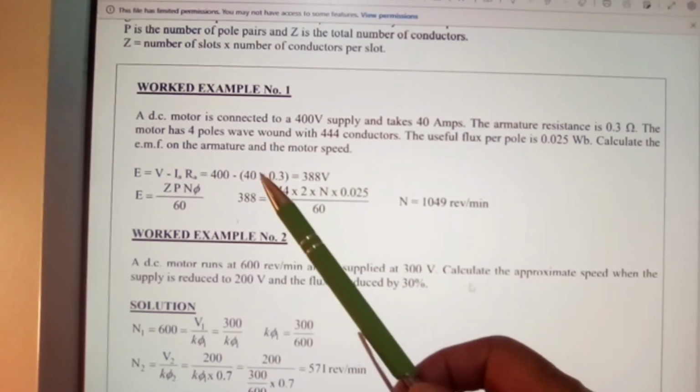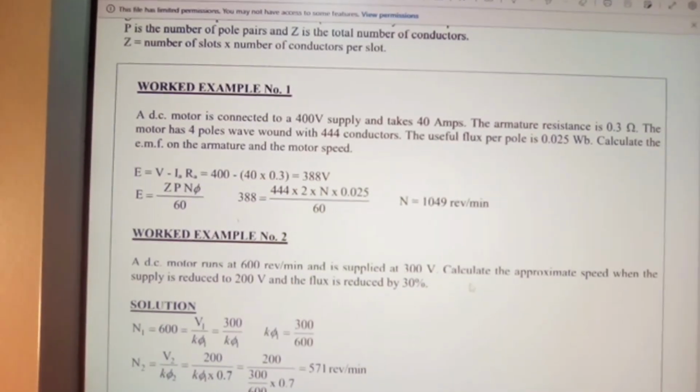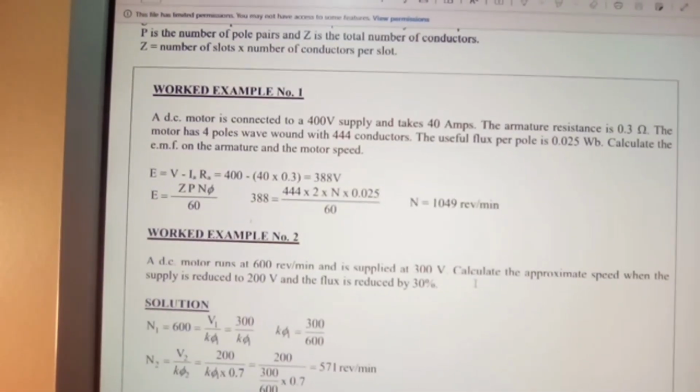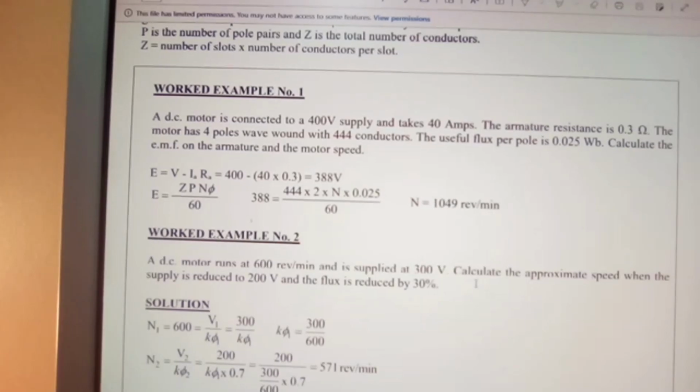Let me check that we are getting it right, because some of these do come out wrong at times.